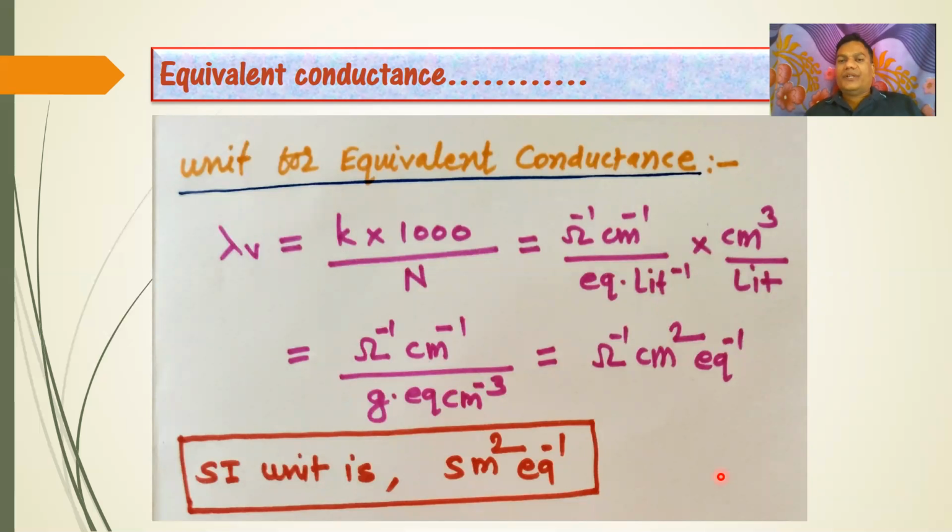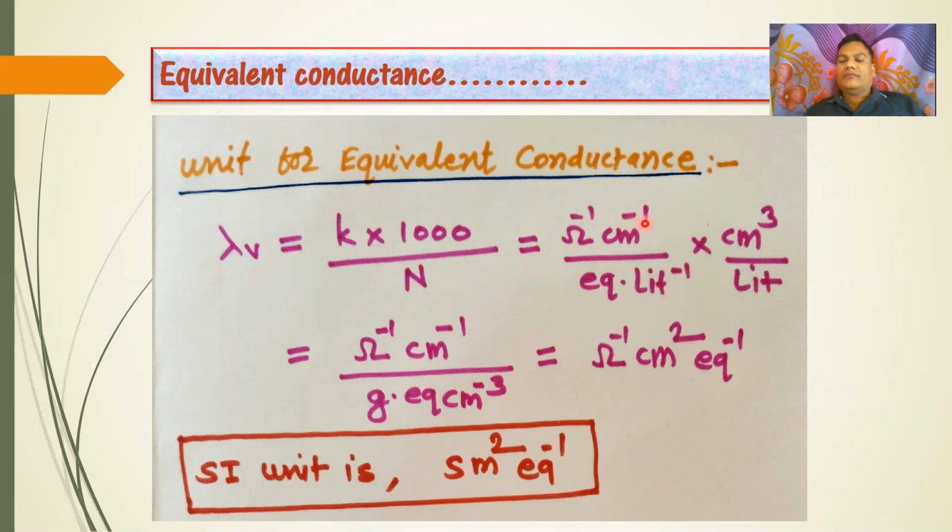Now we will see the unit for equivalent conductance. Now we have seen the formula lambda V is equal to K into 1000 by N. Put up the values. This K is the specific conductivity. It is always in per ohm per centimeter, divided by 1000 cm cube per liter, that is the concentration, and normality is in equivalent per liter. So liter per liter gets cancelled.